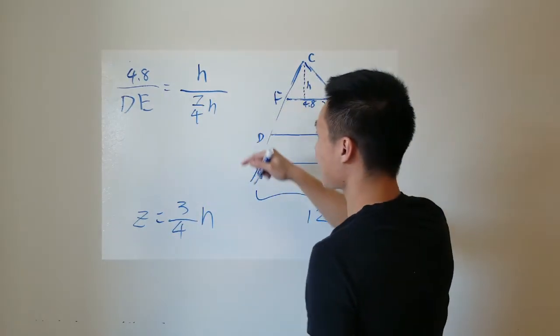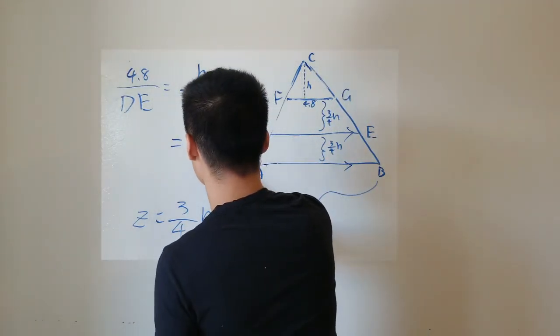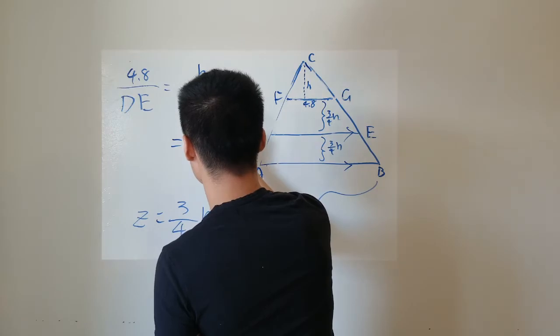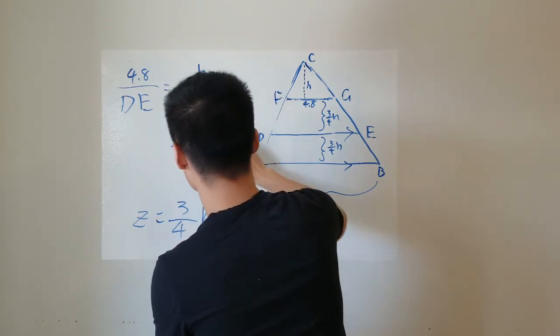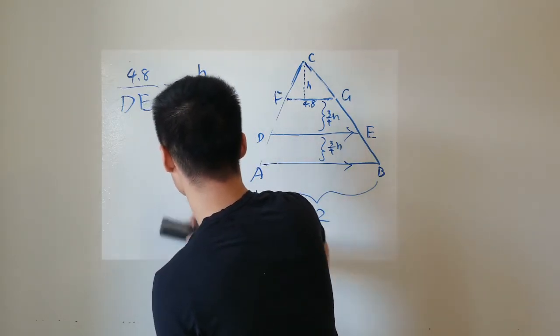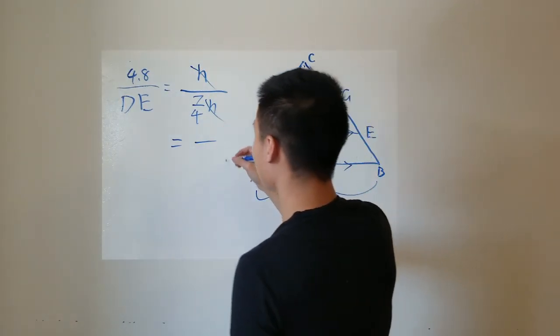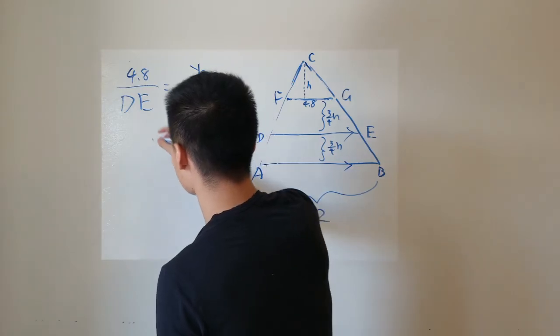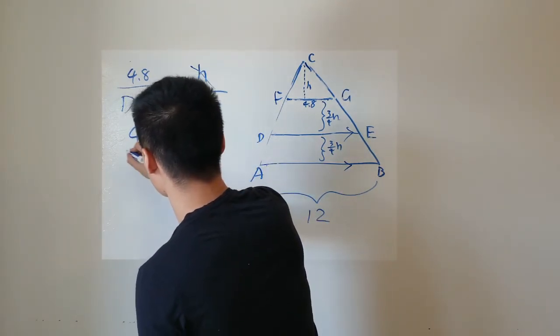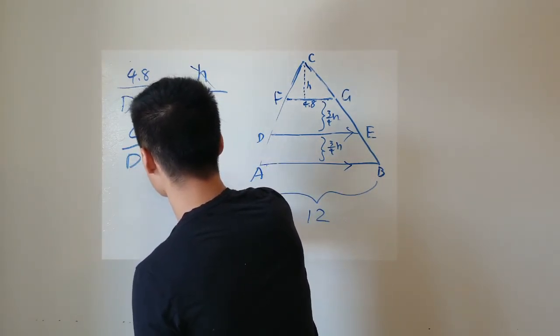I know that H over 7/4H is simply 4/7, right? So because this part cancels out, 1 over 7/4 is 4/7, which is equal to 4.8 over DE, right?